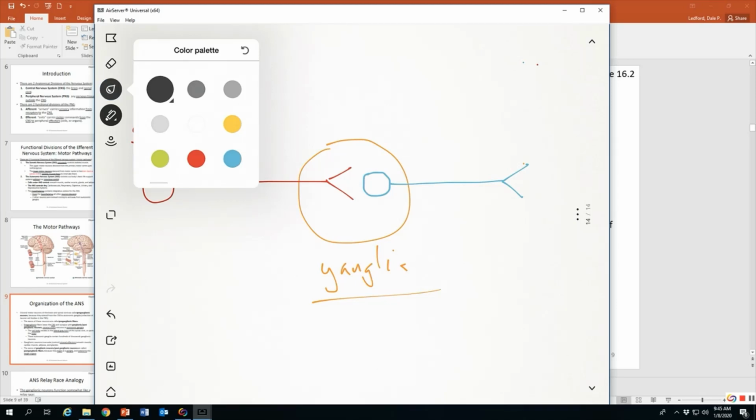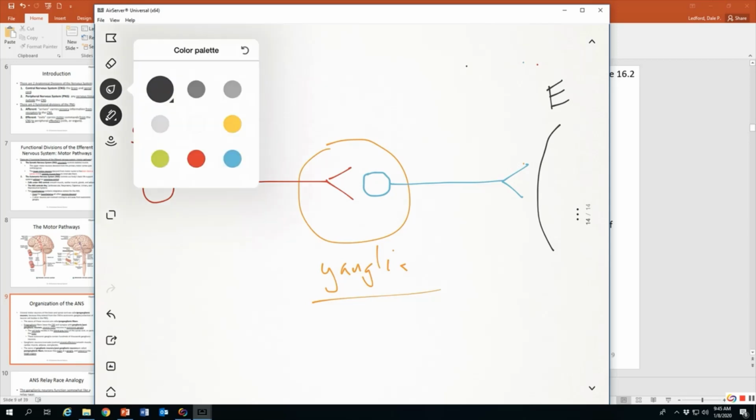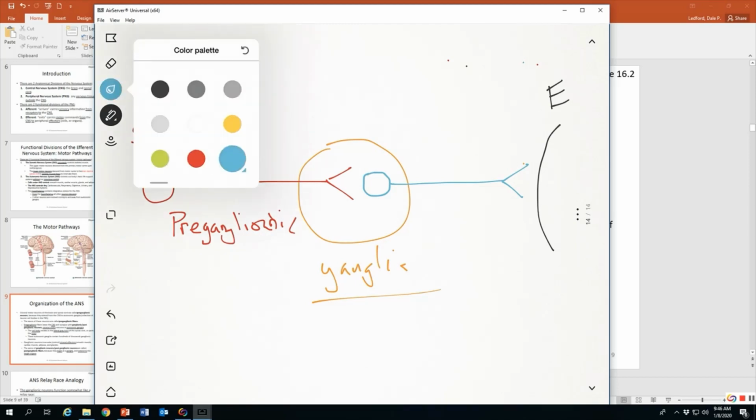And let's use blue here and draw the neuron it synapses with. And then let's come here and put the visceral effector. That's the effector cell. Okay, so if I've got a ganglia here, I've got a neuron here that is leaving the CNS for the ganglia. That neuron is referred to as before the ganglia, preganglionic.